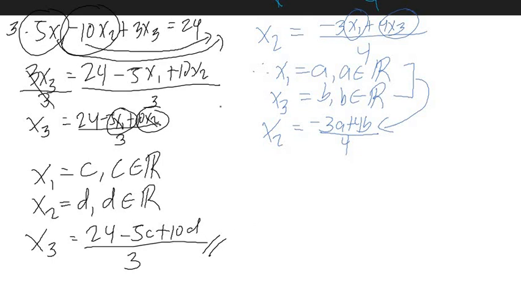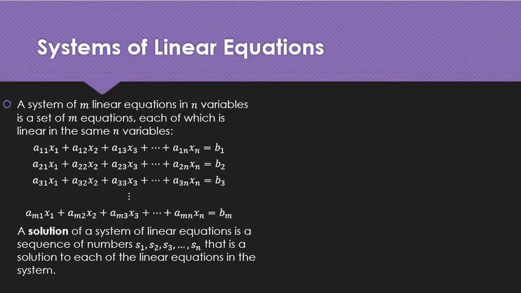However, we don't just solve one specific linear equation. In many applications, we have to solve more than one. And if we have to solve more than one, we're now talking about systems of linear equations. A system of m linear equations in n variables is a set of m equations, each of which is linear in the same n variables.